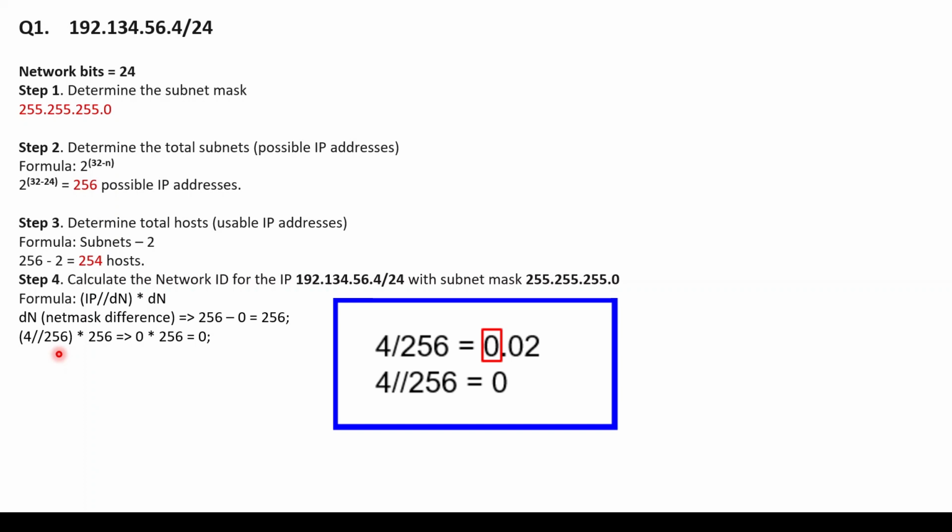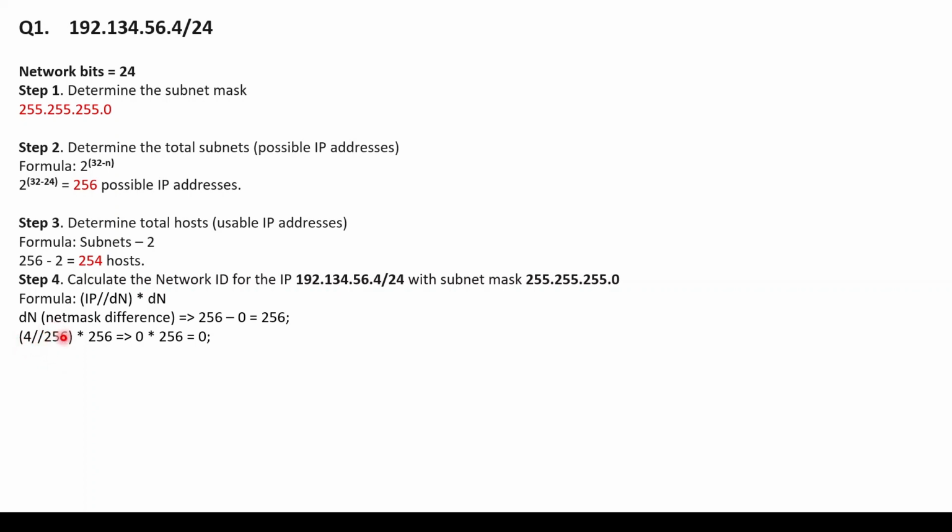Whatever is remaining is not our concern. So we do an integer division of 4 by 256, then multiply by 256, which gives us 0.